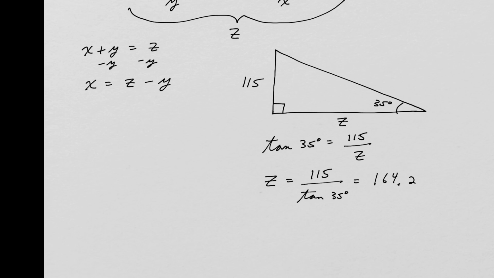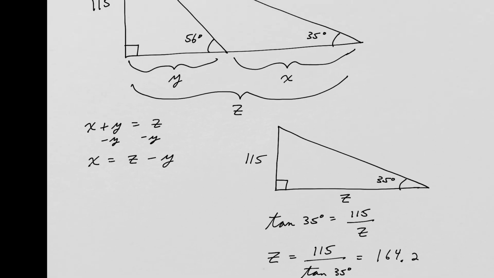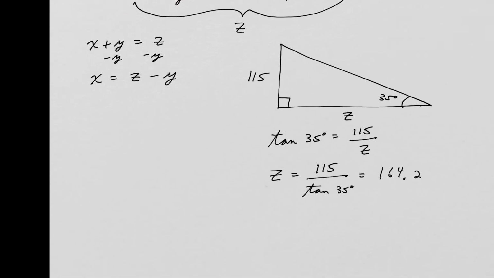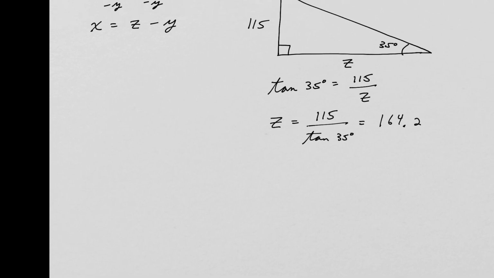Okay, then we can look at the small triangle here. So this triangle right here, extract this one, and that will allow us to find y, right? So if I extract that one out, again, I know this is 115. I know this angle is, what is it now, 56 degrees.